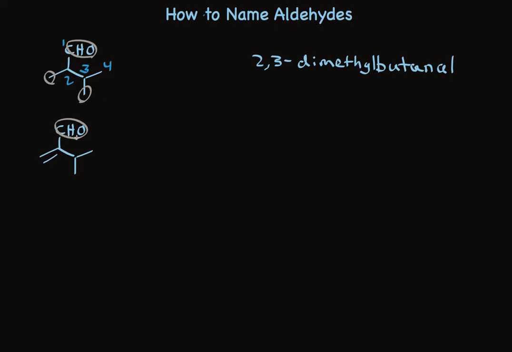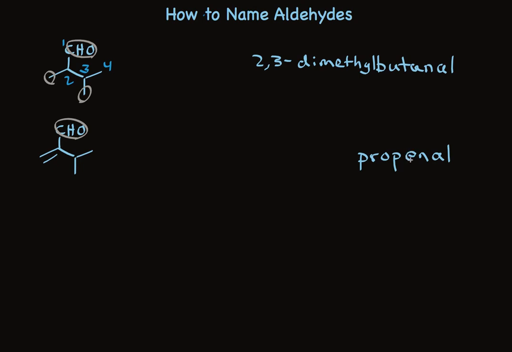We'll have to use a name that indicates that we have an alkene, and we'll have to use a chain length that includes the aldehyde and the alkene. So now it's a 3-carbon chain. We'll start with that alkene name that says it's 3 carbons and change that name to indicate it's an aldehyde, put al at the end, and to indicate that it's an alkene, we'll put the e here.